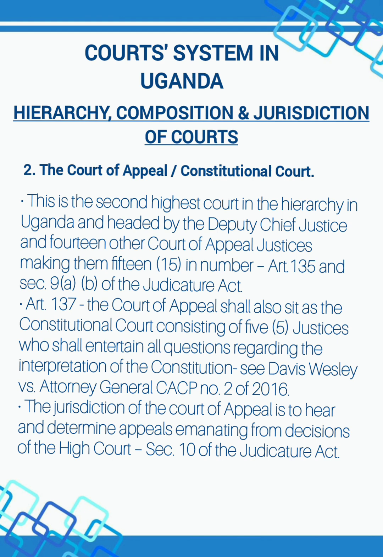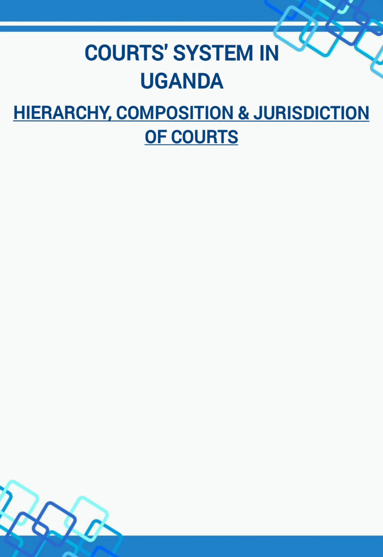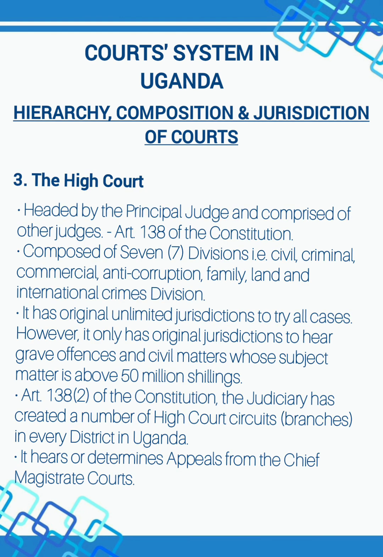So if you want the Constitution to be interpreted, it is only the Court of Appeal sitting as the Constitutional Court that can do so. And when sitting as the Constitutional Court, it should comprise 5 justices.